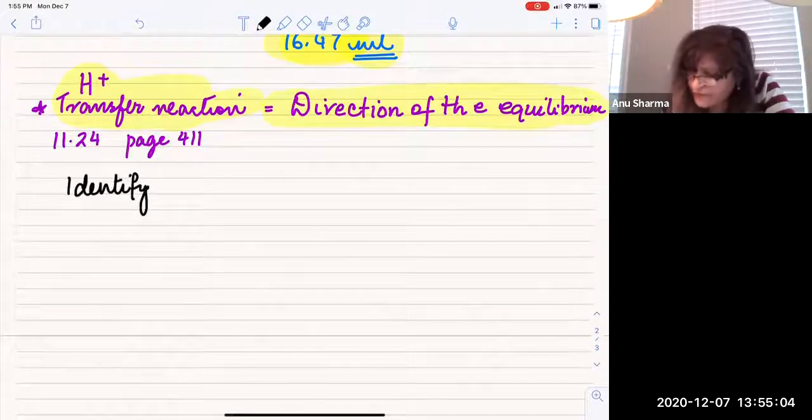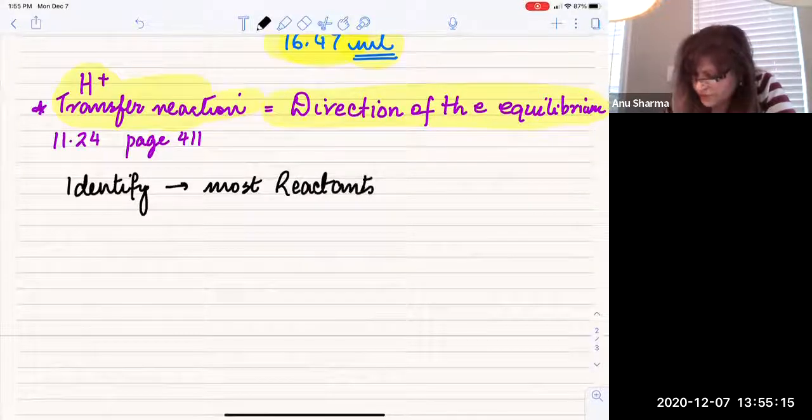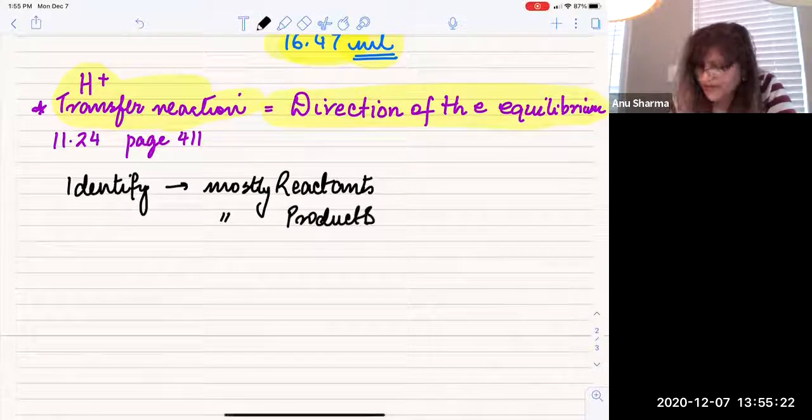So identify whether each of the following reactions contain mostly reactants or mostly products. Are there mostly reactants or mostly products in this reaction?